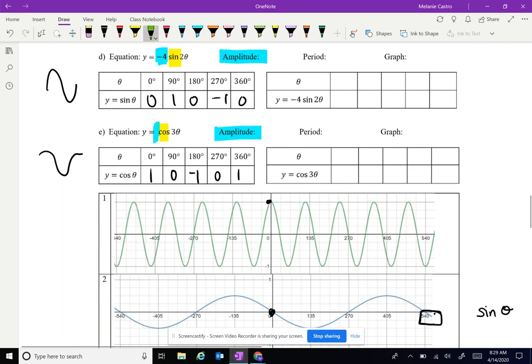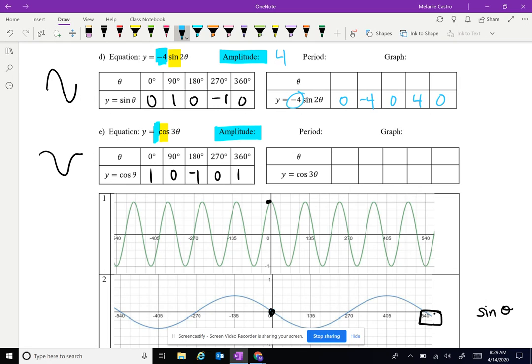All right. I don't even know that I need to go back and fill in all of this information to be able to match. But if we're looking, the amplitude would be 4, but I would multiply those numbers by -4 because that's the number in front of my sine wave.